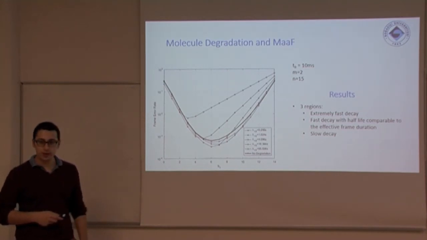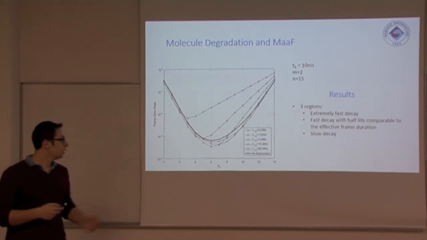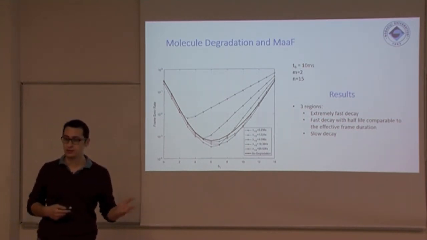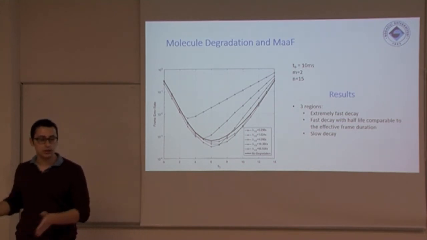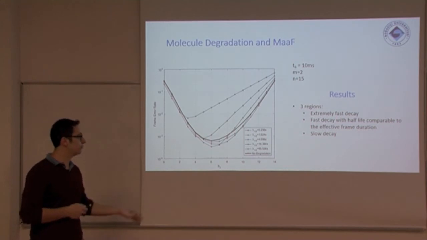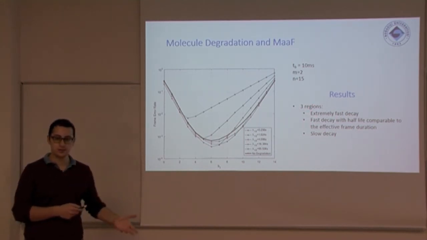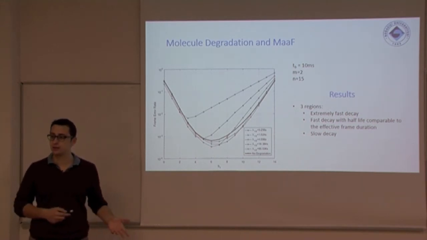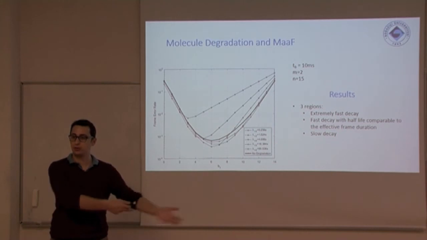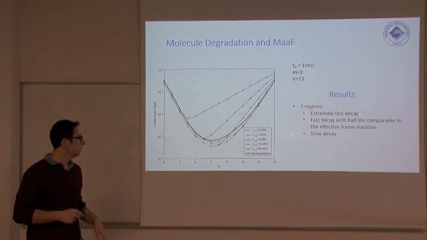Okay, so what happens if we apply this to a molecule as a frame system? We did that, and we saw 3 regions. We can separate the exponential decay profile into 3 different sub-profiles. First, extremely fast decays, on the order of milliseconds, for example, where you put the molecules in the channel and they immediately get decomposed into other molecules.